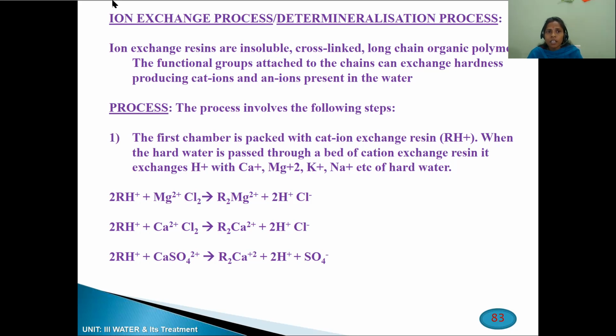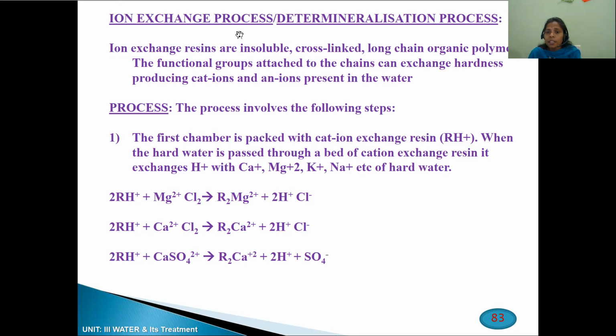Now let us look into the ion exchange process. Ion exchange resins are insoluble. What is meant by resin? In the ion exchange process, we are using a polymer, a resin. This resin is responsible for removing the cations and the anions.